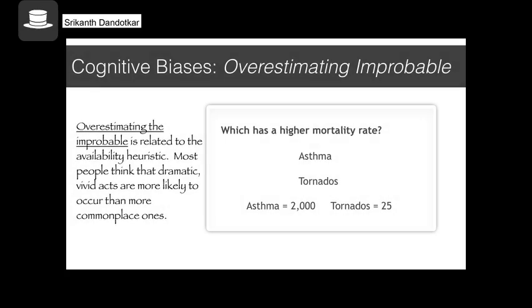Let's talk about the last cognitive bias, overestimating the improbable. Now answer this question: which has a higher mortality rate, asthma or tornadoes? Well, the answer is given to you. People typically say it is tornadoes, but actually it's asthma.